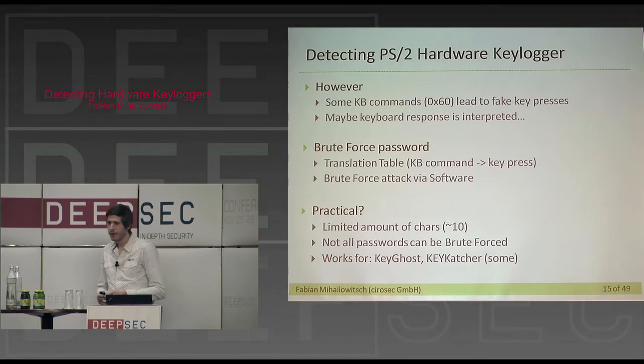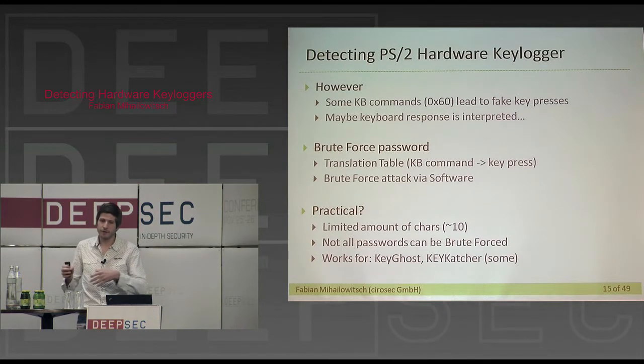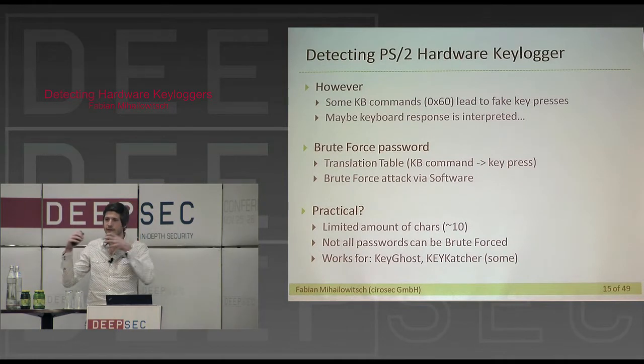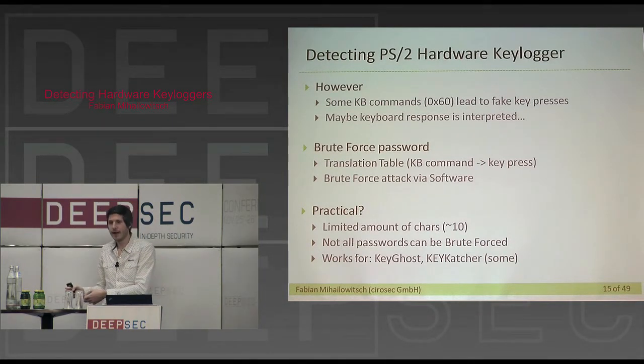But the cool thing is, during my tests, I found out that certain keyboard commands you send to the keyboard actually lead to fake key presses, probably because the response of the keyboard is interpreted as a key press. So you can send certain keyboard commands from the KBC to the keyboard, and you can provoke fake keystrokes, which are recorded by the keylogger.